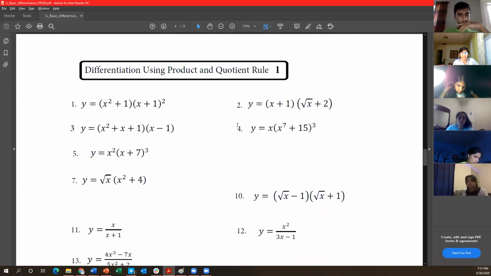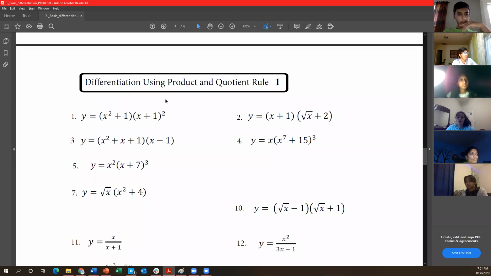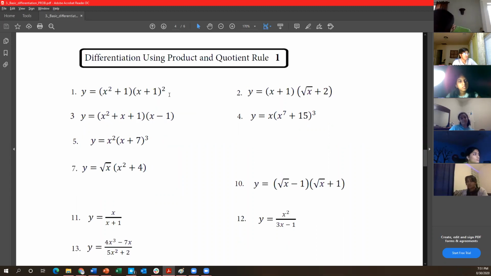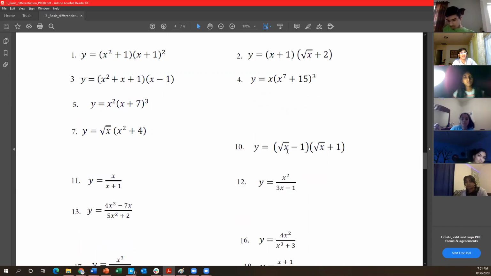Yeah, this is just applying rules. And once again, for problems like these, some of these I would actually use the product rule, but sometimes if it's easy enough, I might just multiply it out and use the power rule. Like this one here, number 10. Number 10 is a crazy one. You shouldn't be using the product rule for this, all right?